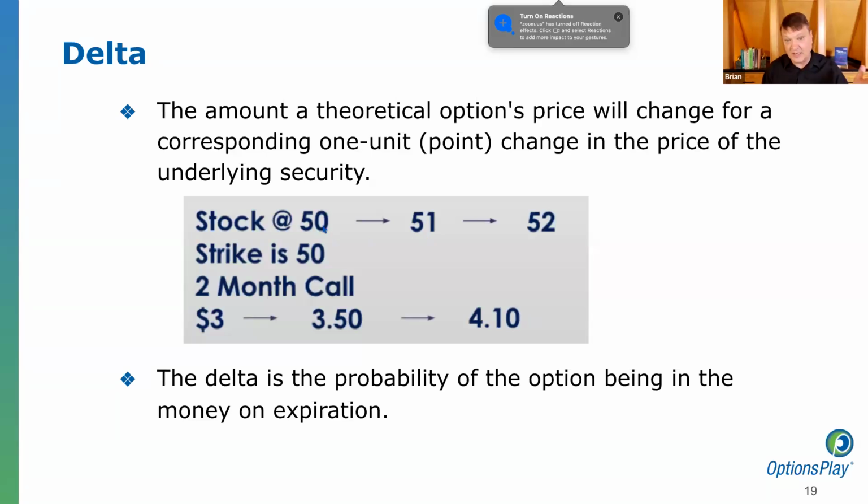So the concept would be, stock's at 50, strike is 50, the market opens, boom, it opens at 51. All of a sudden, the delta of my option contract was at 50 and it went to 90. Goes up again, now we're at 1. We have an option contract that acts like the underlying stock. Every time the stock goes up 1, the option contract goes up 1.